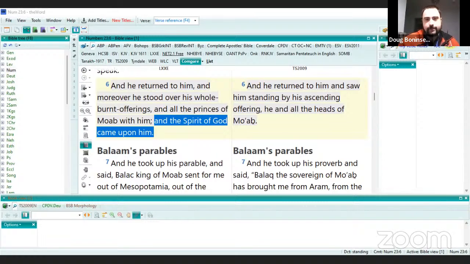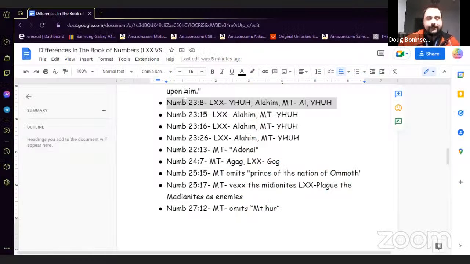All right. Now this is interesting, when we get to verse 8 of this chapter. Let me change the screen here to the document. So you have Numbers 23, verse 8. The LXX has Yahuwah, the Masoretic has Yahuwah Elohim. The Masoretic text for some reason has Al or El and then Yahuwah, which is very weird to me. It's like reverse. It could be just the way the translations word it, but to me, that's a little weird.